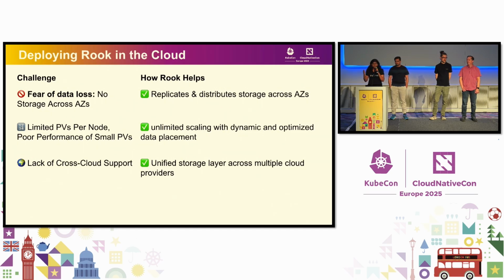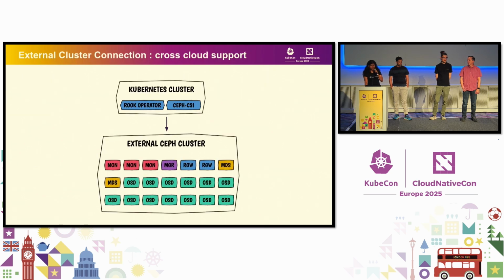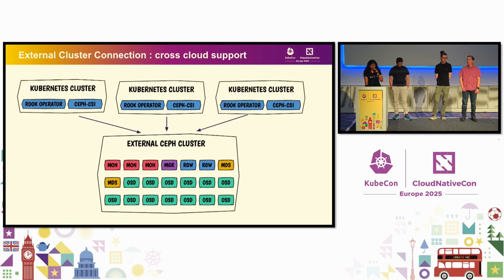Rook has intelligent and optimized object store data placement, and it virtually gives you unlimited scaling. You can also have cross-cloud support. As you see in the next slide, you can have an external Rook Ceph cluster and have your Kubernetes client clusters accessing this unified Rook Ceph Kubernetes cluster for storage demands.